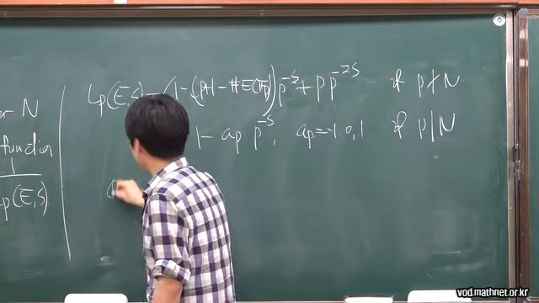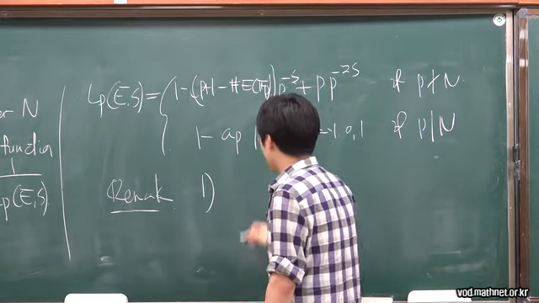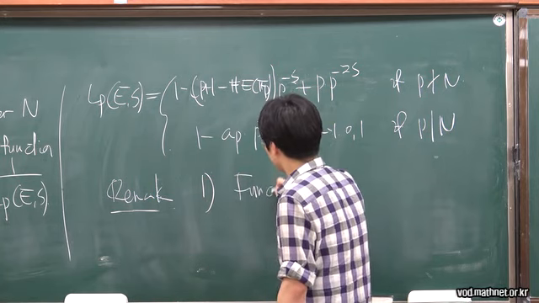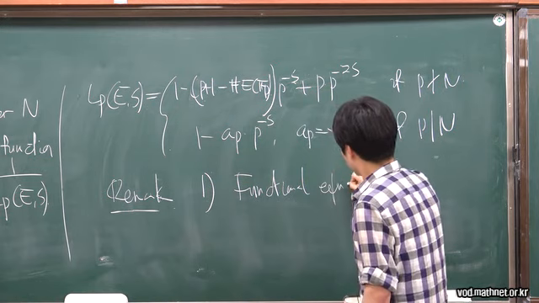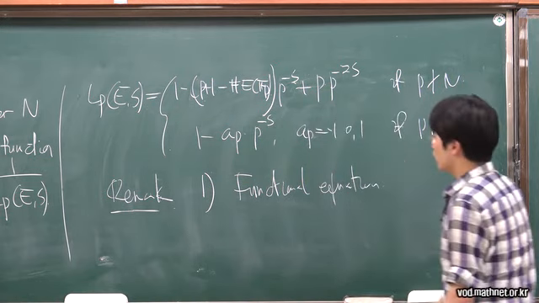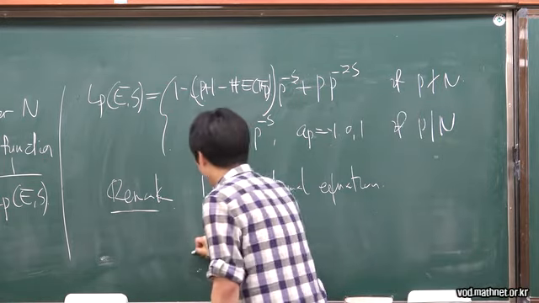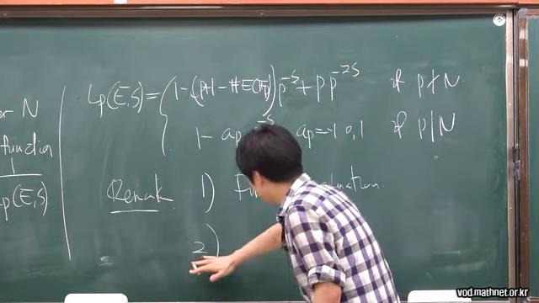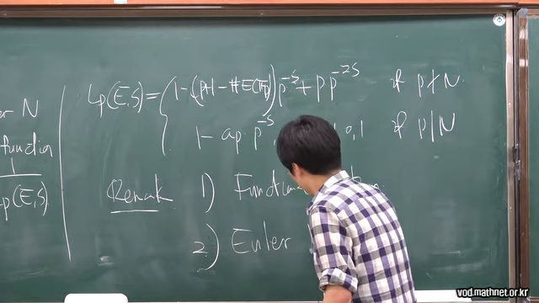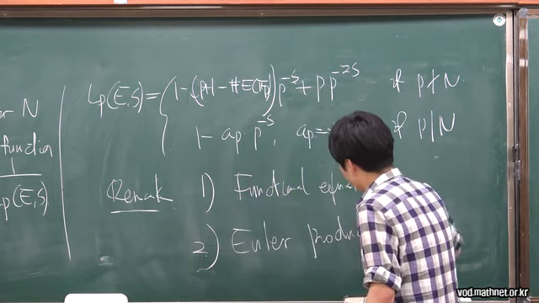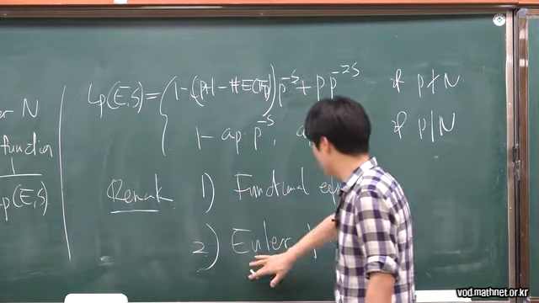The second condition is that it should satisfy a functional equation, so that it has a meromorphic continuation to the whole complex plane. And another condition is that it should have an Euler product. Now let's see if this Hasse-Weil L-function satisfies these conditions.